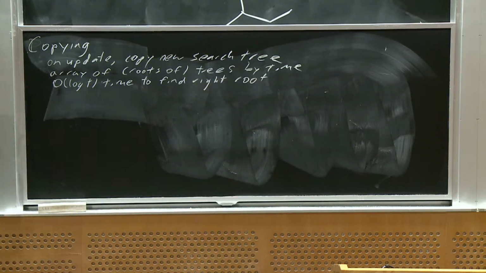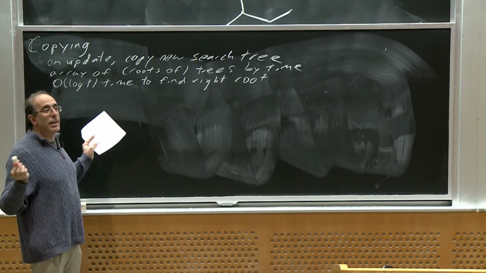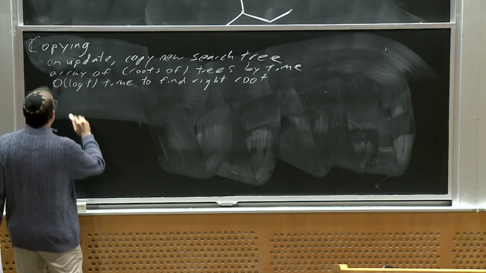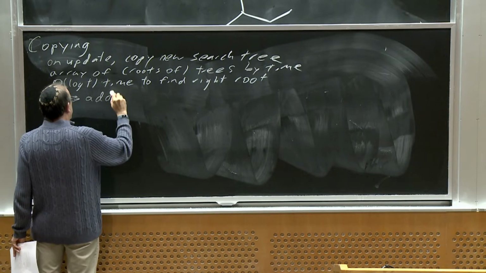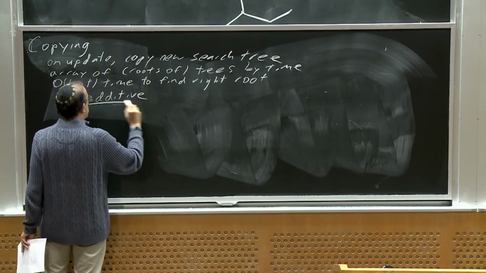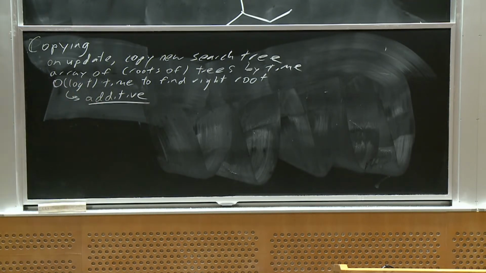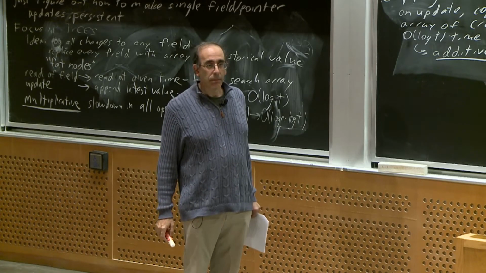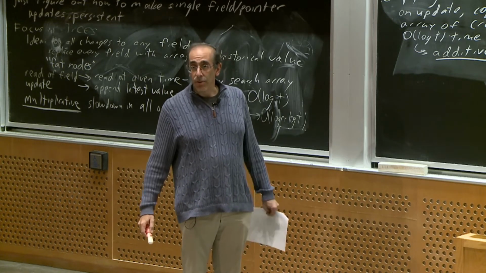But once I have found the right root, it's just a regular tree, and it's back to order log n time to descend that search tree, for example. So this is an additive slowdown instead of a multiplicative slowdown. And since a lot of our operations tend to cost log n time anyway, adding a log t is really no big deal compared to multiplying by log t. Okay? So this is great in terms of queries.